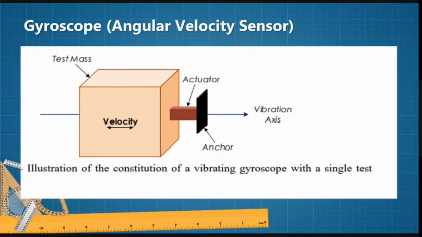This is the illustration of the constitution of a vibrating gyroscope with a single test mass. This is the actuator, this is the anchor, this is the vibration axis, and this is the test mass.